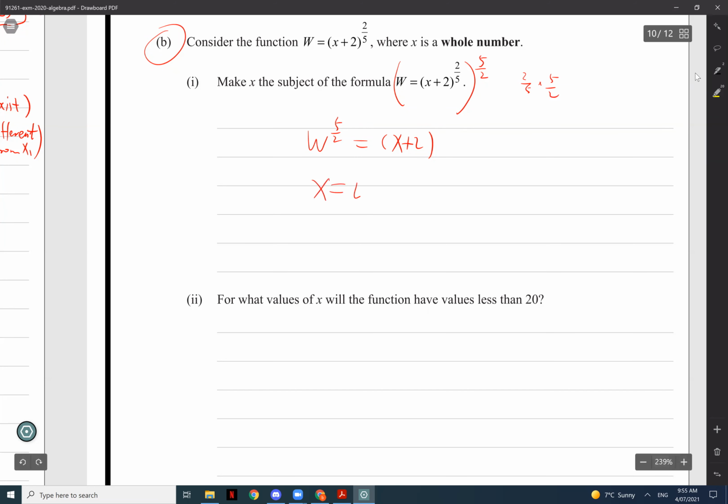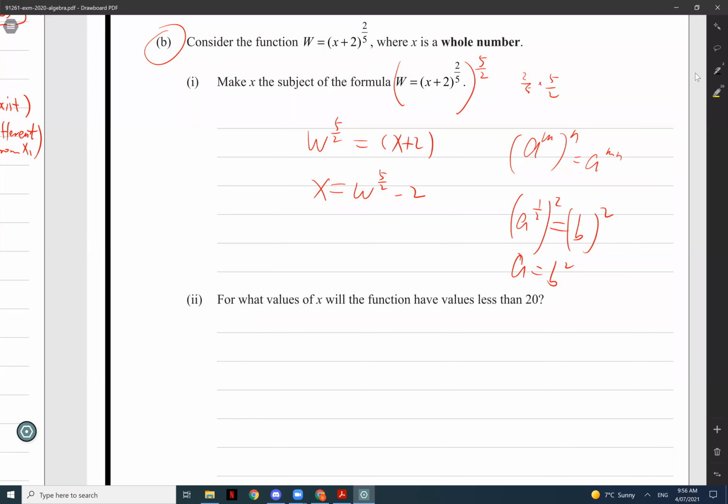So x equals W to the 5 over 2 minus 2. The formula we use: (a^m)^n is a^(mn), multiply the powers together to cancel the power. Like a to the half equals b to the power of 2, so a equals b squared.